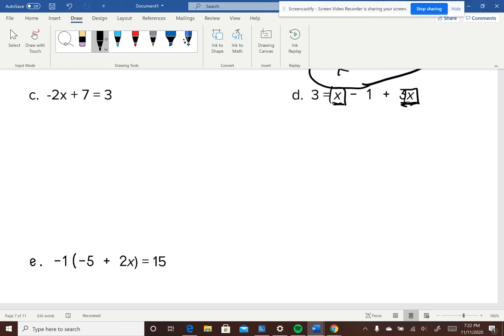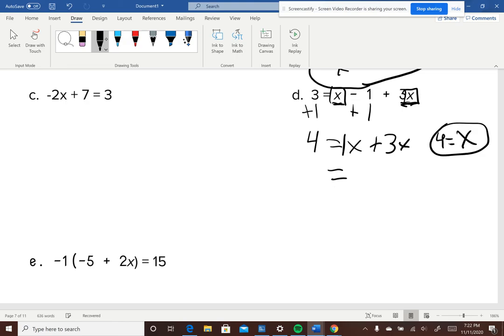We are going to add 1 and add 1. So now we have 4 equals x plus 3x. And now we can combine like terms. Although this is just an x, we can think about it as 1x. So you're like, okay, if we have our team again, how many are on the x team? We have 4 on the x team, so 4x.